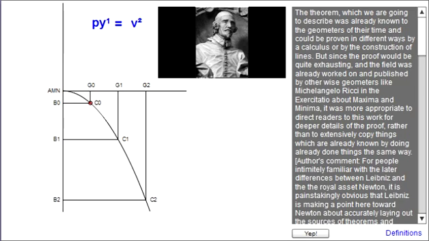Leibniz was very explicit in stating that he did not need to prove this theorem again because it was already proven by Michelangelo Ricci. And the theorem is about the following things, which we are going to describe now.